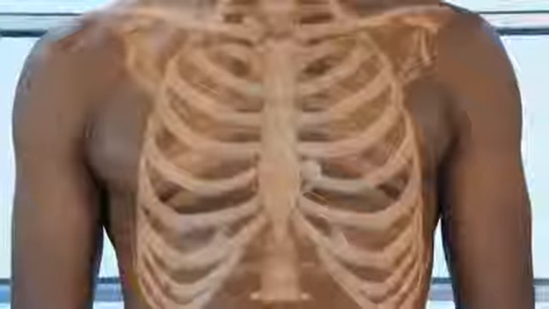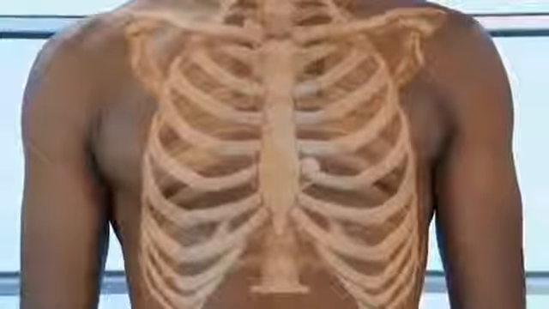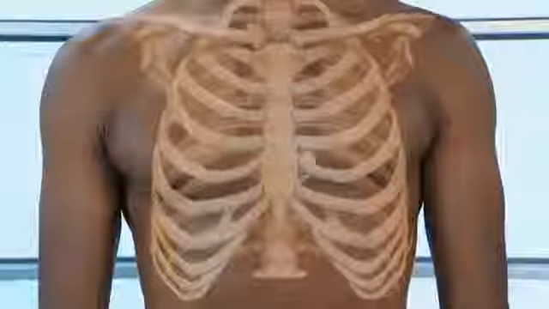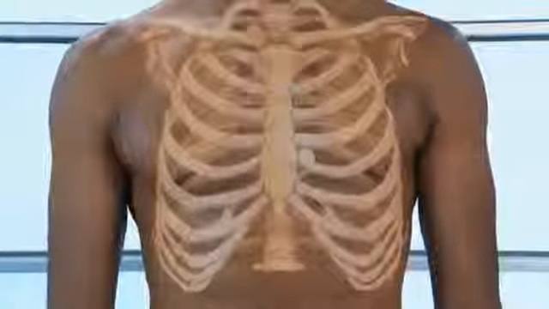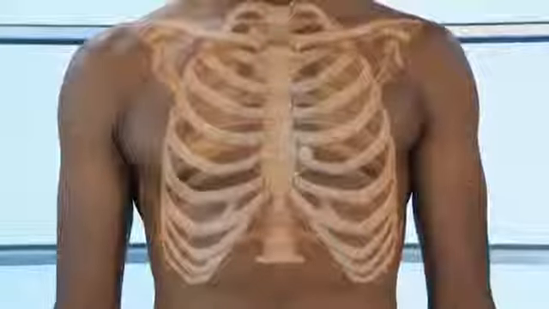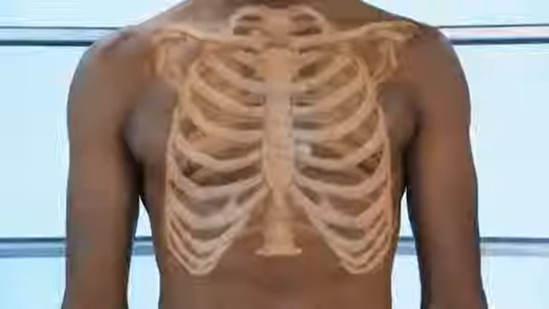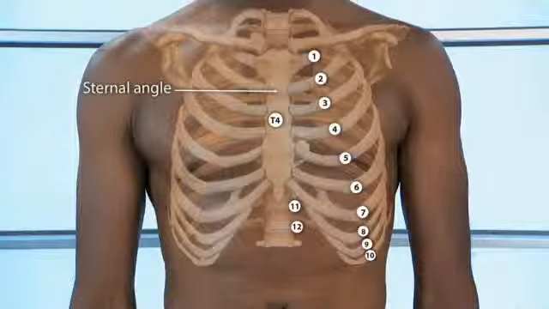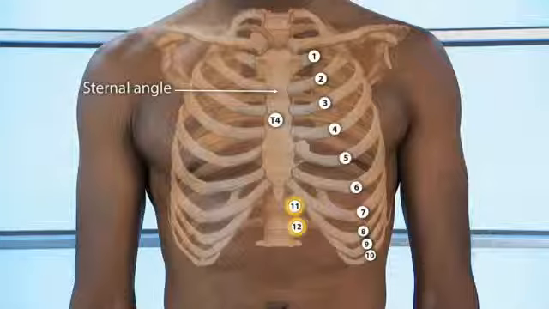An understanding of thoracic landmarks is integral to the systematic examination of the thorax. The bony thorax encases the heart and lungs and partially covers the stomach, liver, kidneys, and spleen. The thorax consists of 12 pairs of ribs, which attach anteriorly to the sternum via their costal cartilages and posteriorly to the thoracic vertebrae.